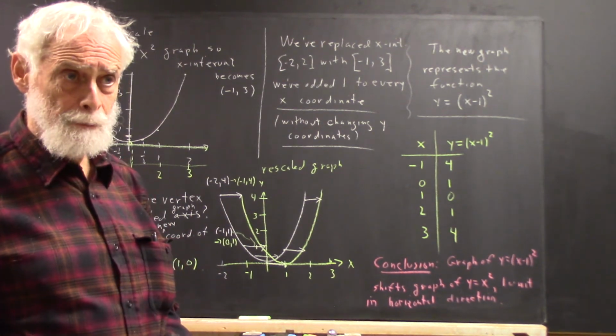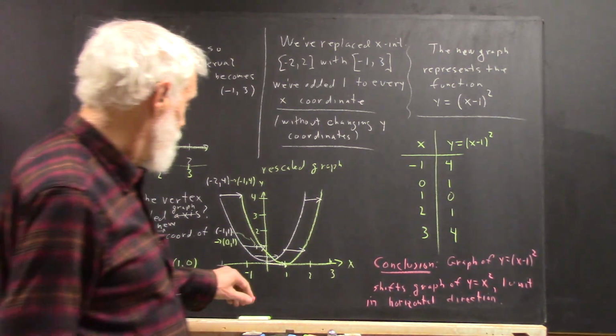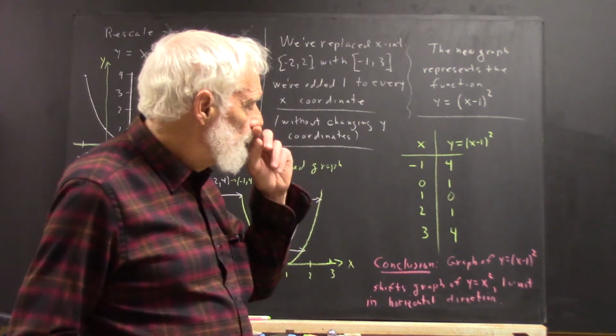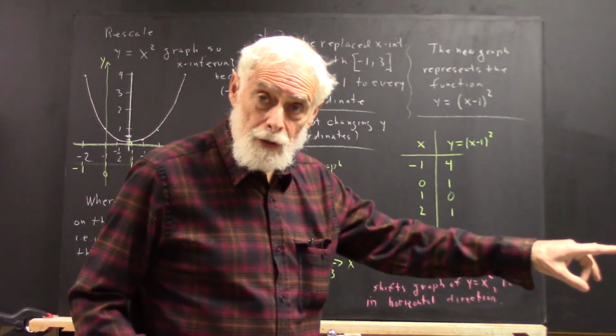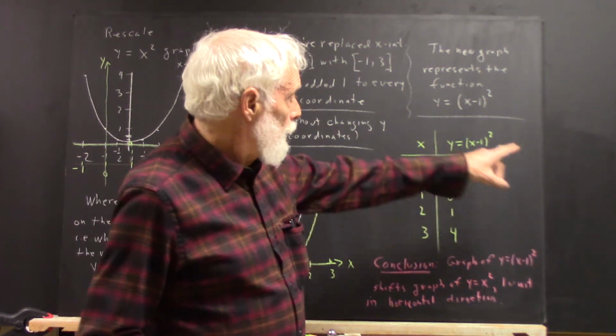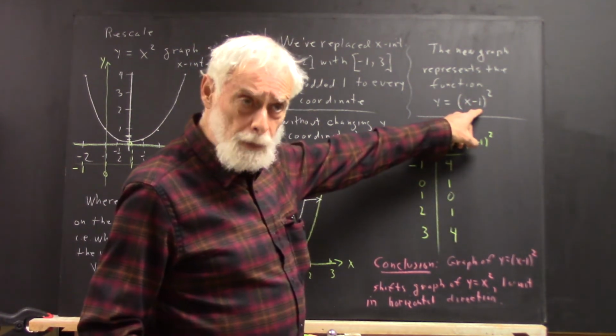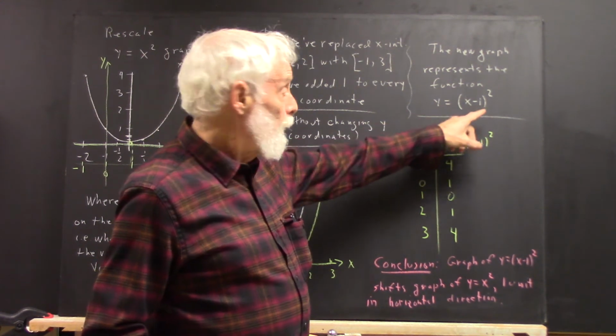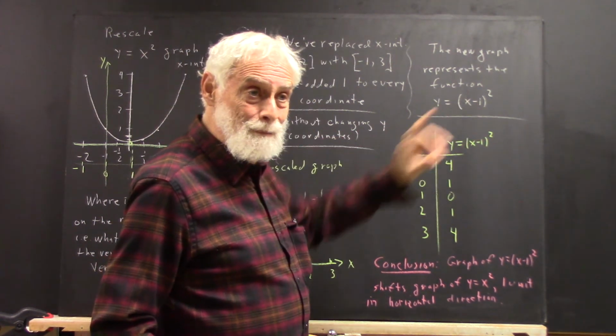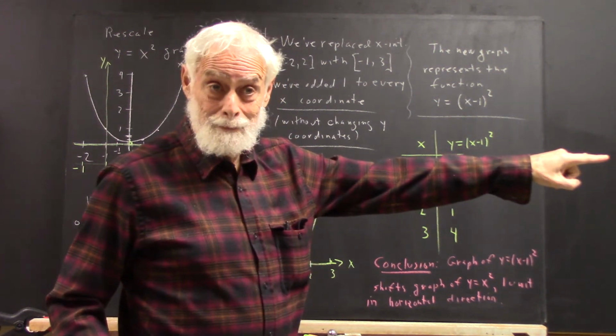That makes sense? And the key is, if we want to shift something 1 unit in the horizontal direction, we've got to replace x with x minus 1. Okay? So a minus here moves you in the positive direction.